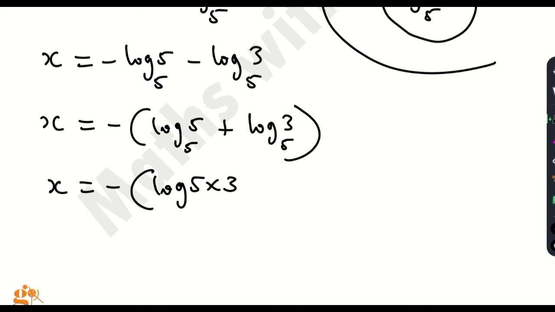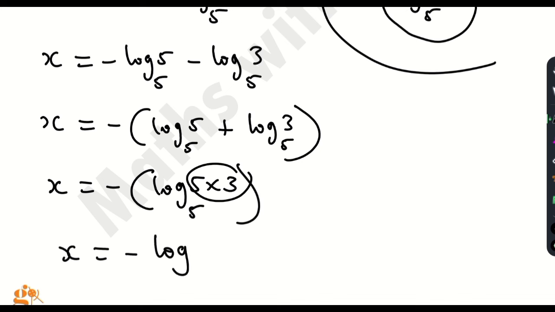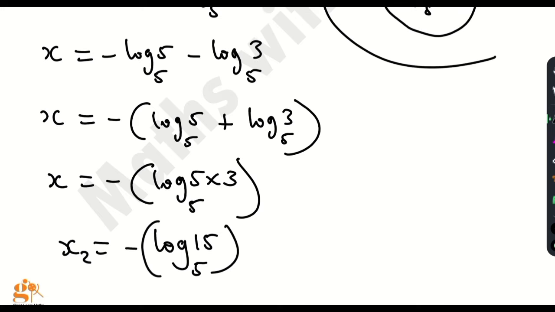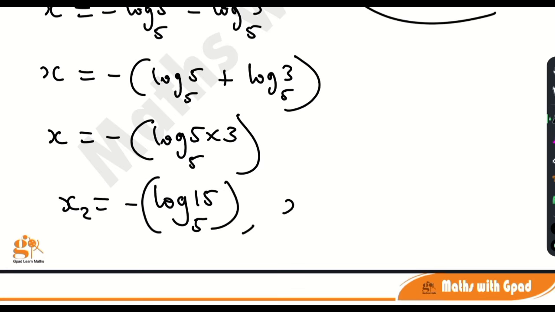And then with the common base that they have, base 5. So this is equal to what? Negative log. What is 5 times 3? That's what? 15. So log 15 base 5. So this is the other value of x. Let's call this x2. And what was our x1? x1 was what? Was 1.